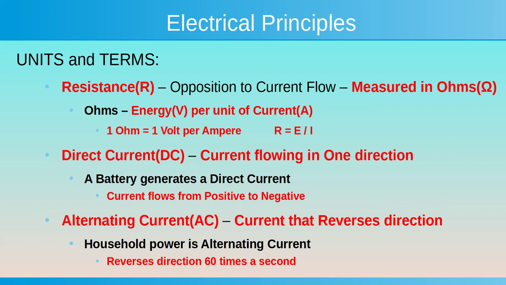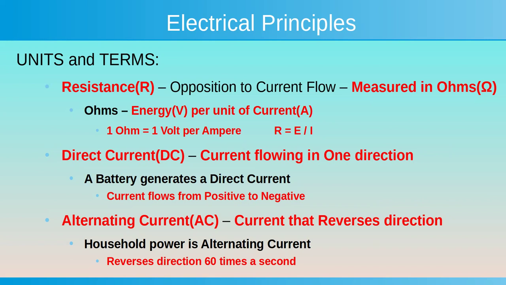And we define it as the energy per unit of charge, per unit of current. In other words, 1 volt per ampere is 1 ohm. And we use the formula resistance is equal to E divided by I, where E is your electromotive potential or voltage, and I is your current in amperes.